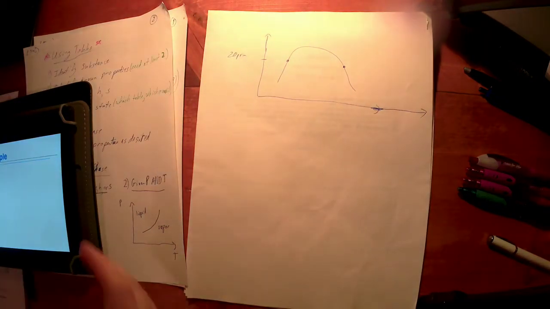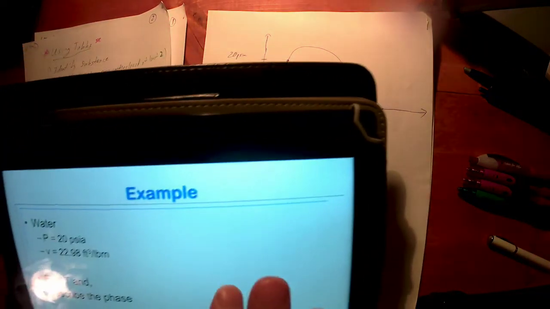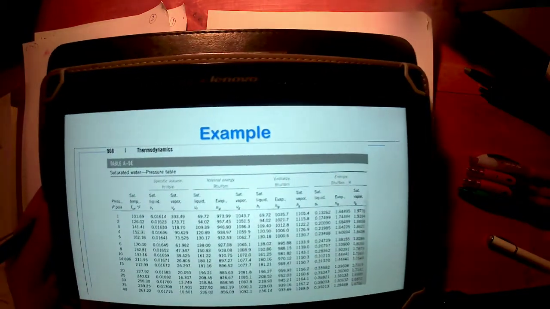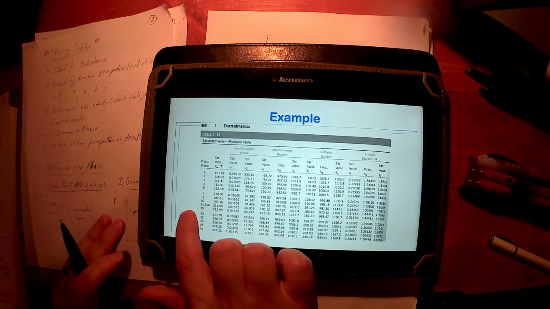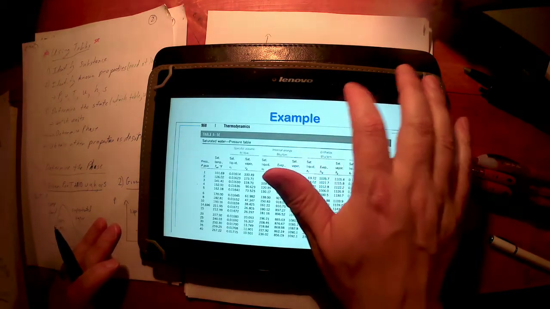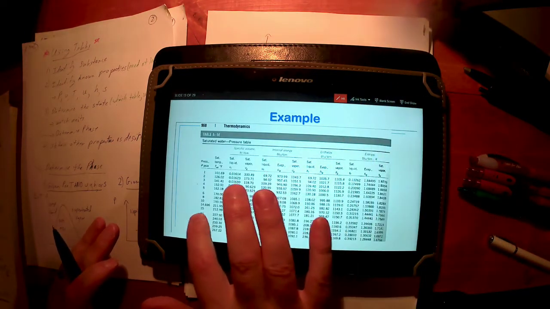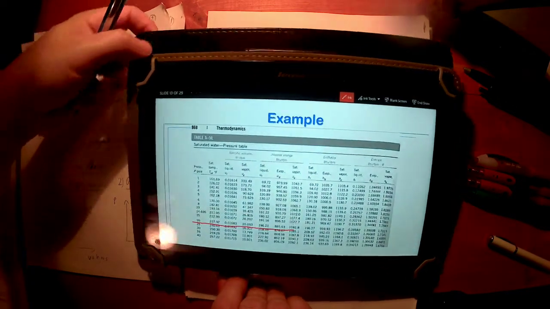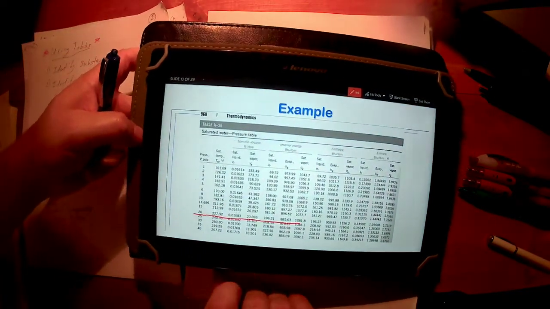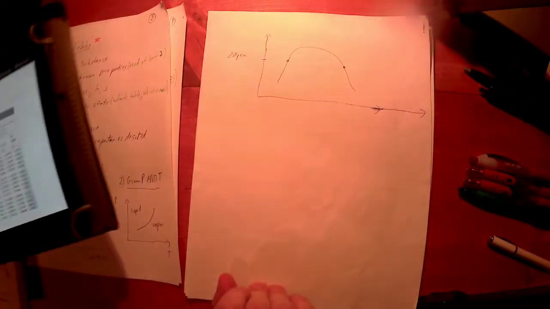And if I go back and look at this table, at 20 psi, I know I've got a temperature of 227.92.